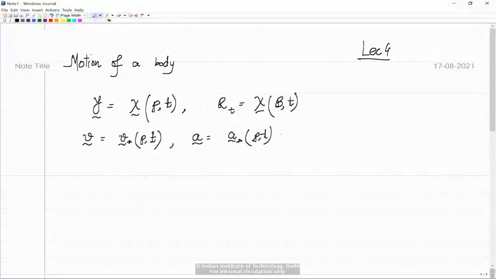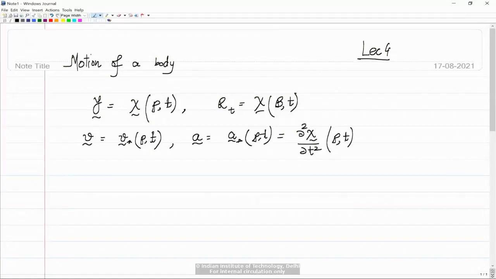Okay, and you also saw this acceleration, for example, is simply the second derivative of the configuration map with respect to time, right? It's the partial derivative, keeping the particle fixed, because we always talk of velocity or acceleration of a particle.